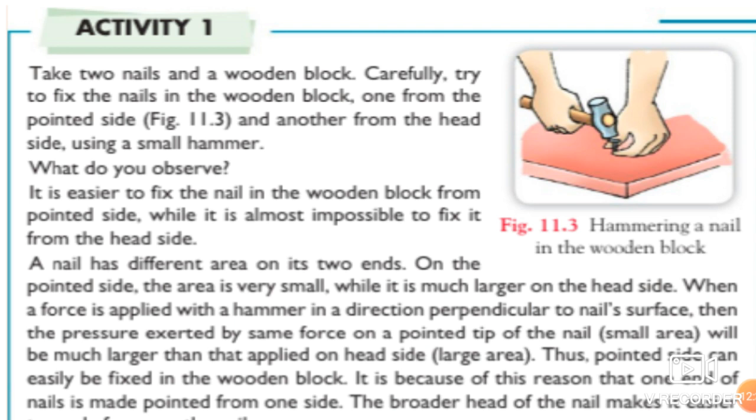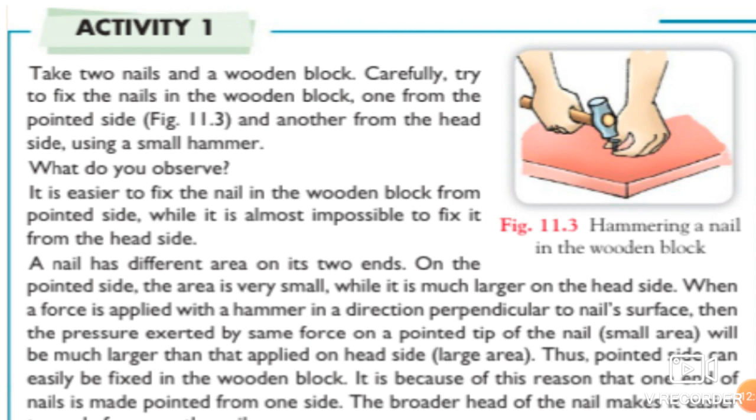On the pointed side the area is very small, while it is much larger on the head side. So when a force is applied with a hammer in a direction perpendicular to the nail's surface, what will happen?